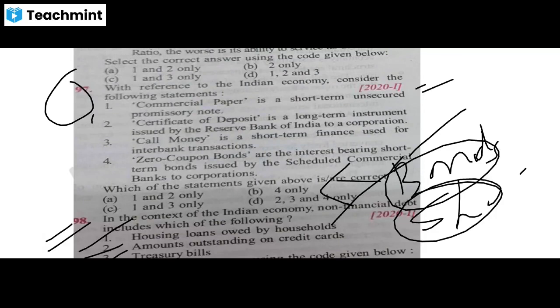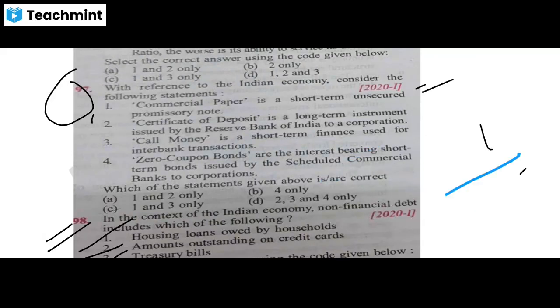Bonds have some maturity period, before that you cannot get the money. Again, I'm repeating: long-term financial instruments are generally bonds, and short-term instruments are your commercial papers or deposits. If you know this fact only, then you can easily eliminate the options.